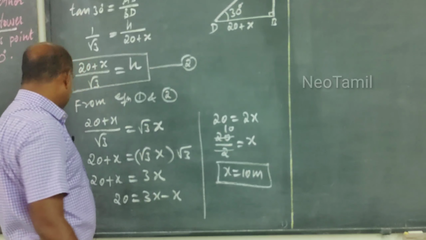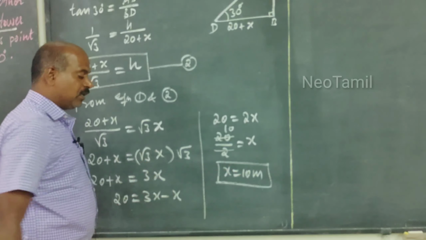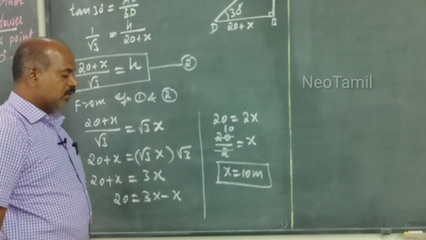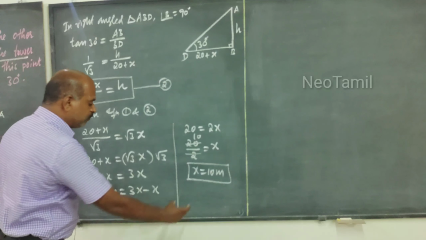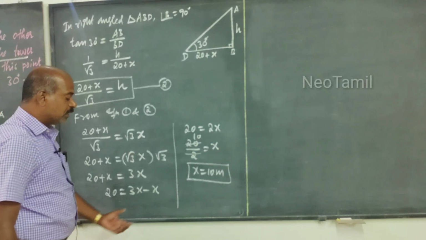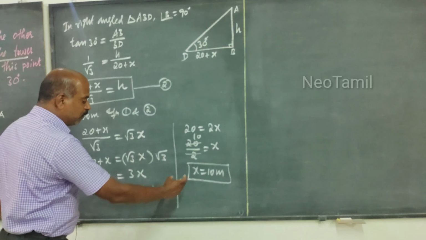So one value is over. Actually x indicates the width of the canal. Width of the canal is 10 meters. Then we are going to find the height of the tower, which we can easily get from the first equation.